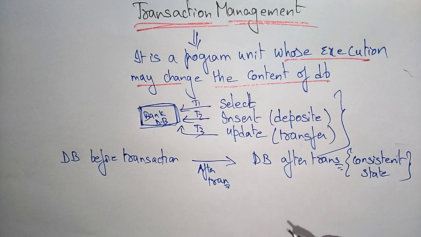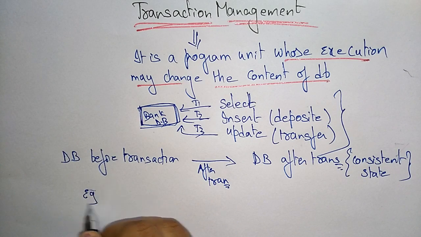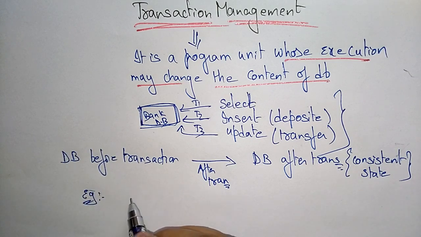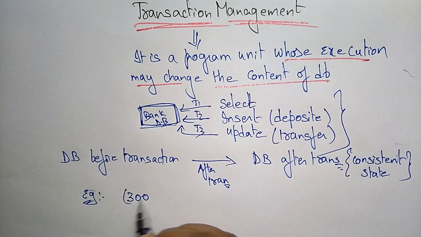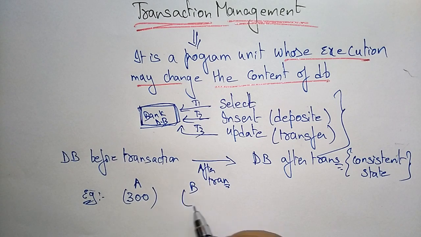How is it in a consistent state? Let us see the example. Let us do one transaction. Suppose in your account A you are having the amount 300.